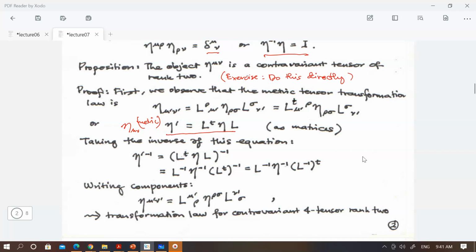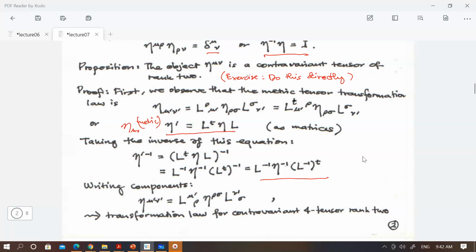Here I'm just using the matrix equation. I take the inverse of this right hand side. Remember when you do inverses, you alter the order of the matrices. So you get L inverse from here, then eta inverse, and then your L transpose inverse. Your L transpose inverse is just L inverse transpose.